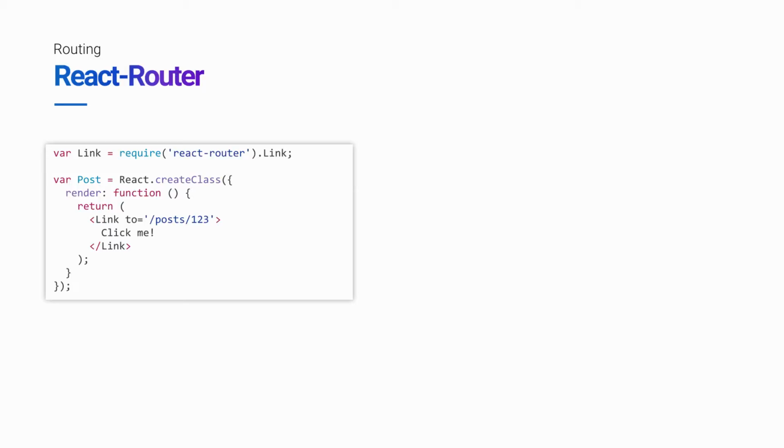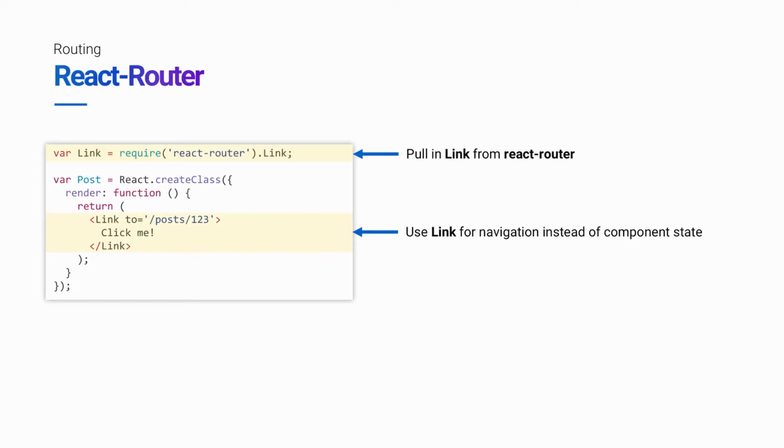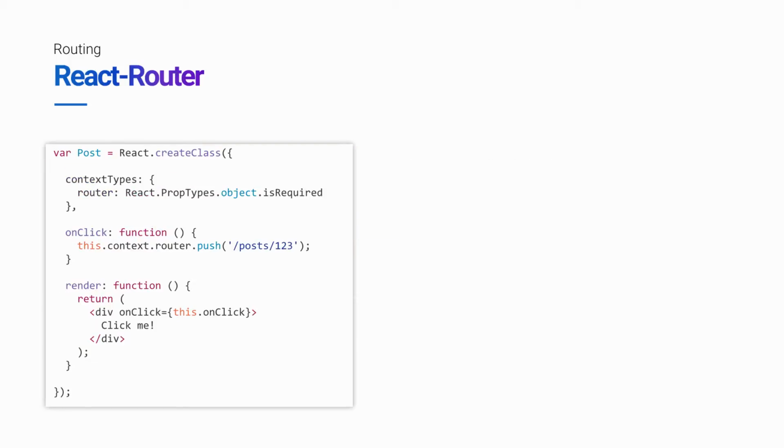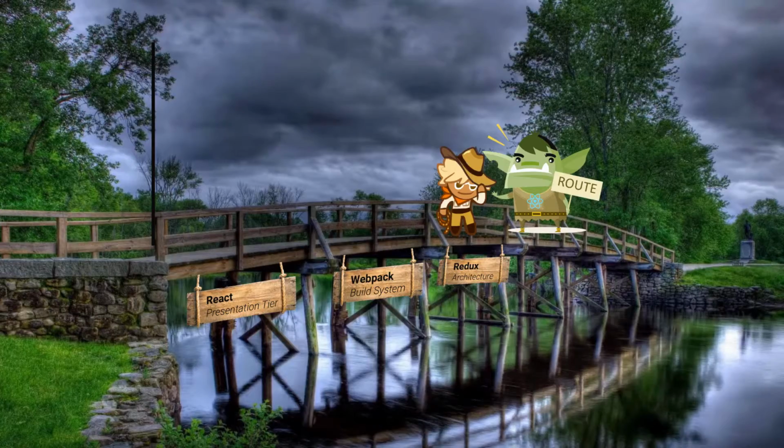We'll also need to go back into our components and pull in link from React Router and use that for navigation instead of tracking navigation changes in component state. Or if we need to make changes programmatically, we can get router from context and we can use that instead. With those changes, our application now supports routing, and this challenge is conquered.